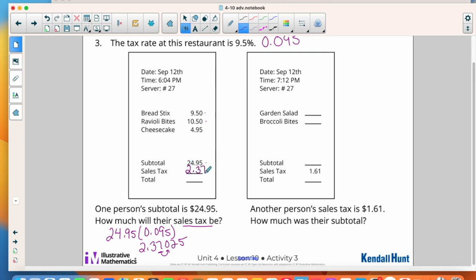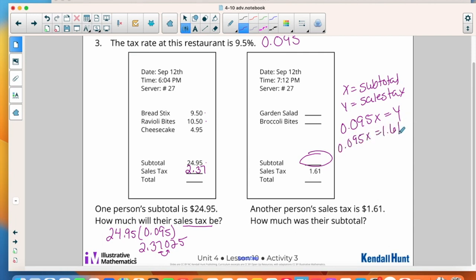Another person's sales tax is $1.61. We're missing their subtotal. So if I think of X being my subtotal and Y being my sales tax, I know that 0.095 times X gives me my sales tax. And I know that my sales tax is $1.61.